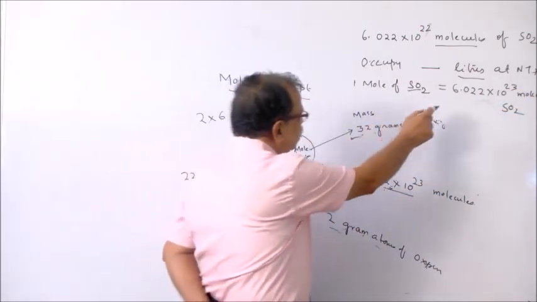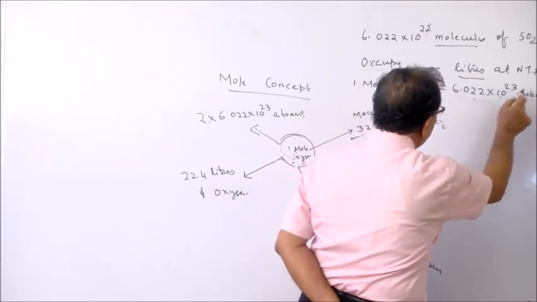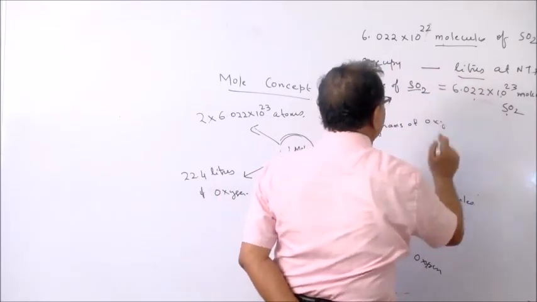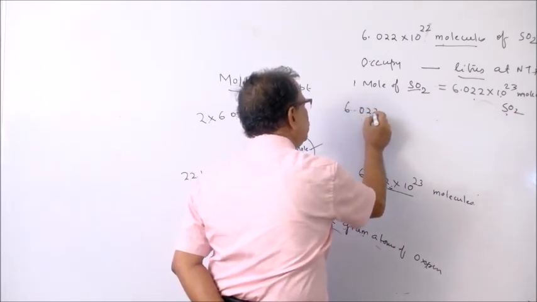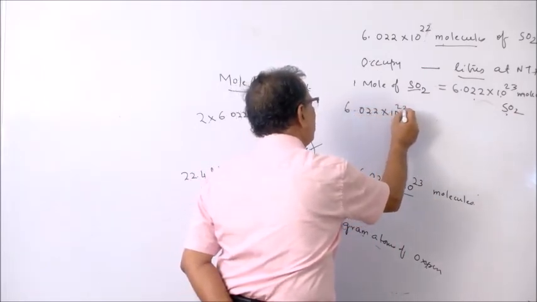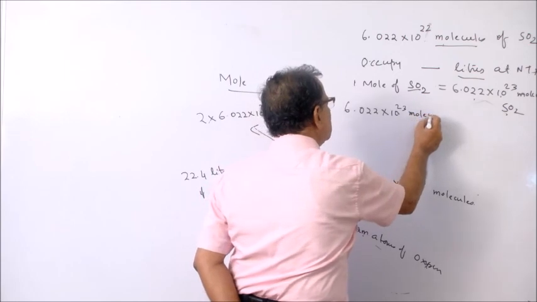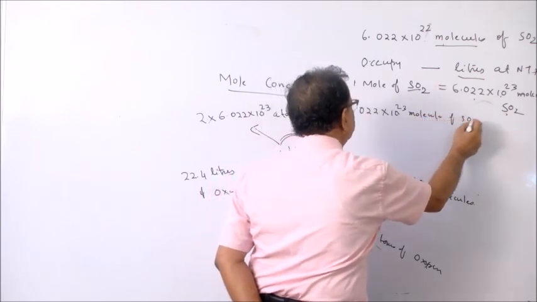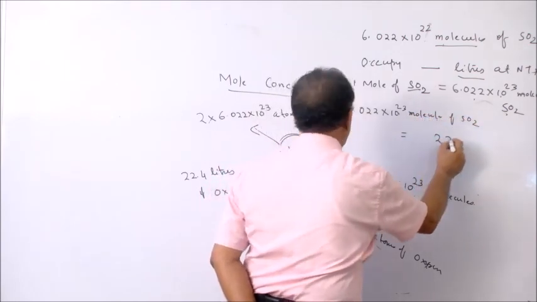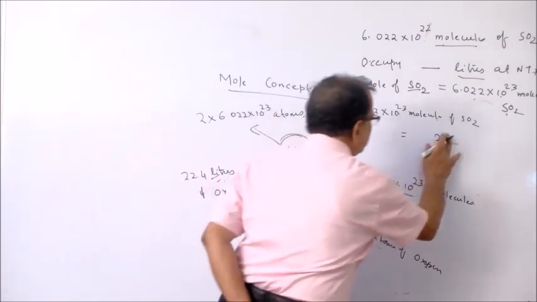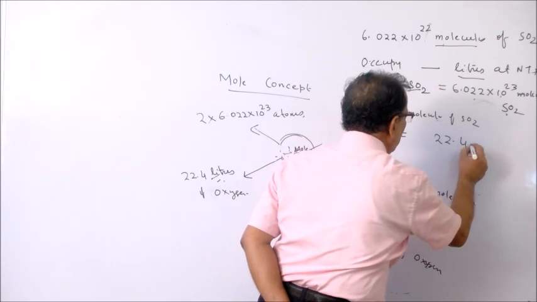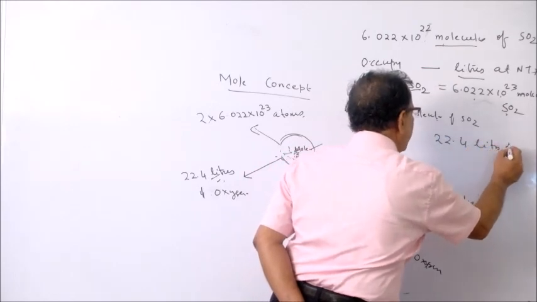So 6.022 × 10^23 molecules of sulfur dioxide contain 22.4 liters at NTP.